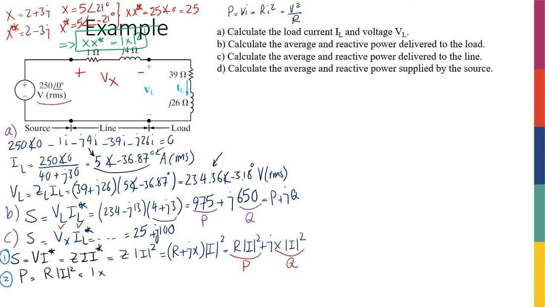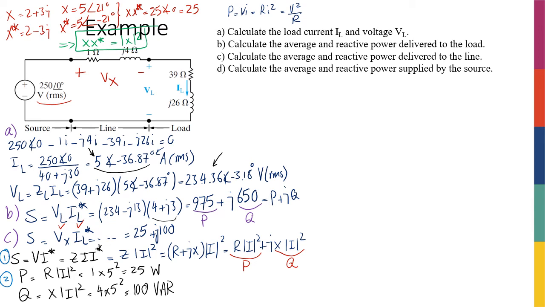I don't care about its angle. So it's going to be 5 squared, so it's going to be 25. And Q is equal to X I squared. So X being 4 times the magnitude of I squared, 5 squared, is 4 times 25, you get 100. This is in watts, this is in var.